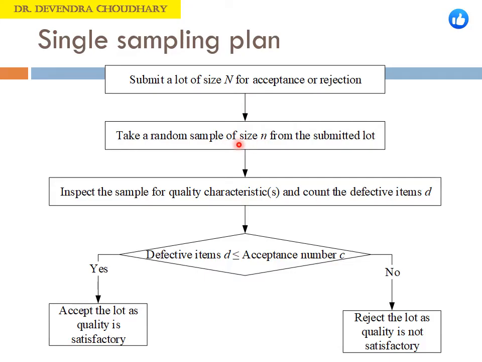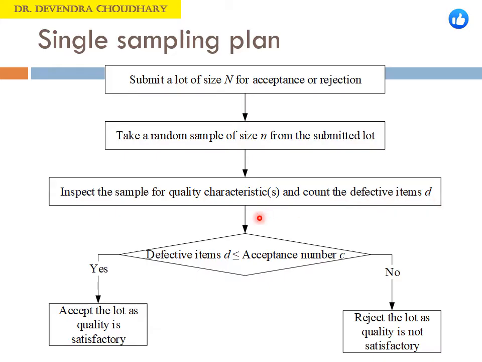All the items of the sample should be representative of the lot. It means they are randomly selected from the submitted lot. Now these items of the sample are thoroughly inspected for all the requisite quality characteristics, and the number of defectives are counted.